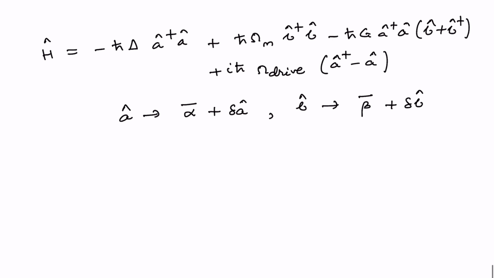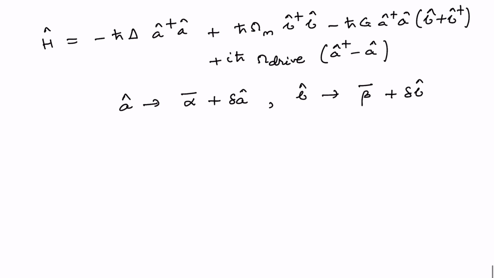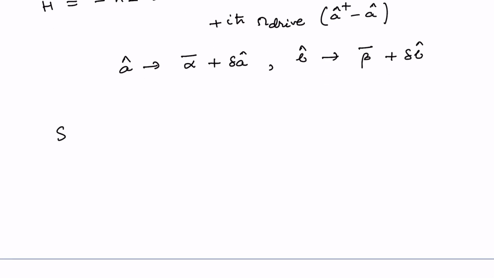Now if you do that and do the analysis in a similar way, you are going to get this set of equations. You are going to get δḃ is equal to −(iω_m + γ_m/2)δb + ig(δa + δa†) − √γ_m b_in.